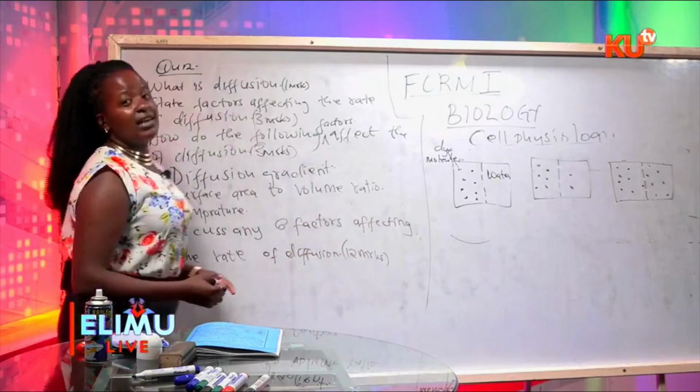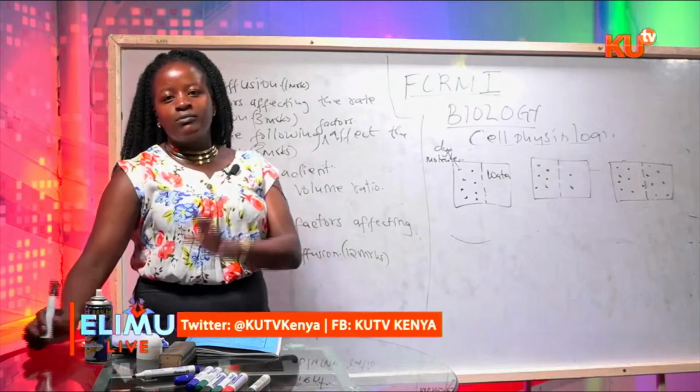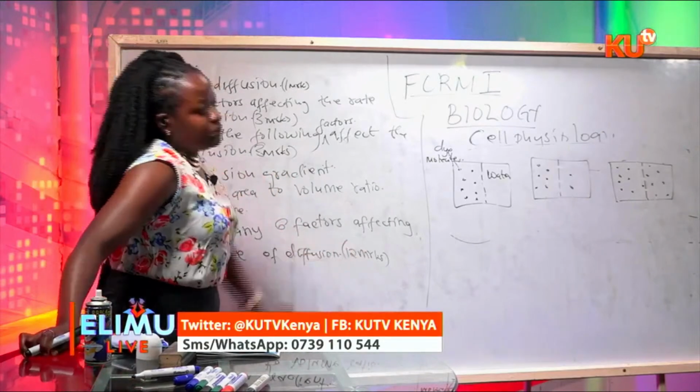Stating the factors alone will give you 6 marks. For every correctly explained factor, you get another 6 marks and you get your 12 marks.